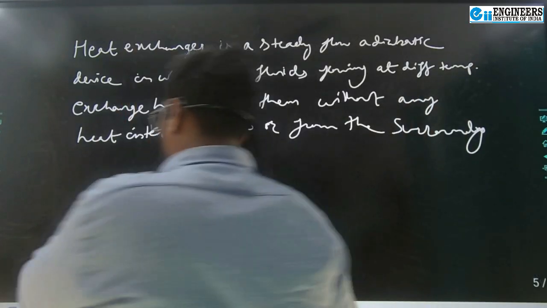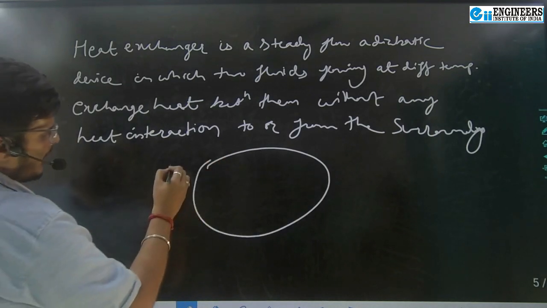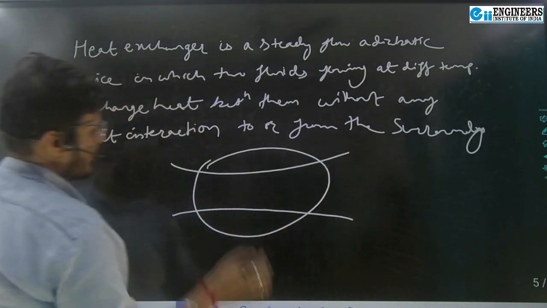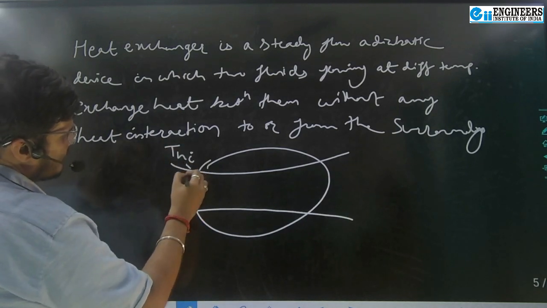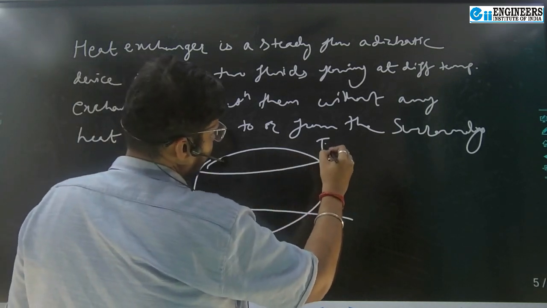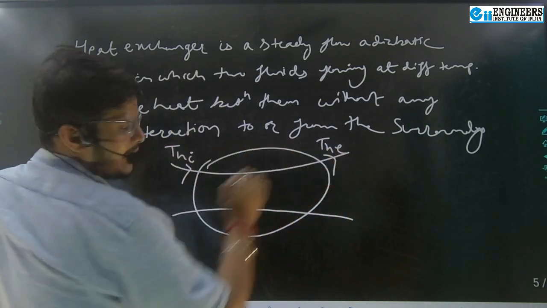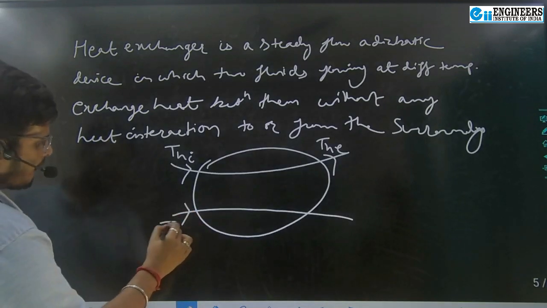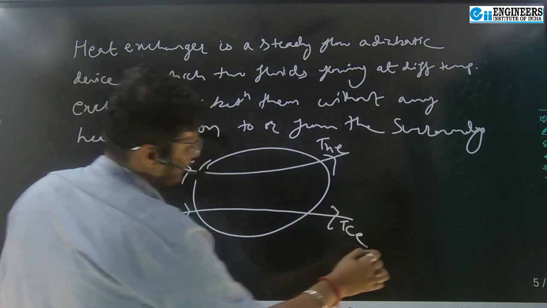That means suppose we consider a system, a fluid is flowing in this way, another fluid is flowing in this way. Suppose this is the T hot inlet case, and this is the T hot exit case. I stands for the inlet, E stands for the exit. Similarly, T cold inlet and T cold exit.